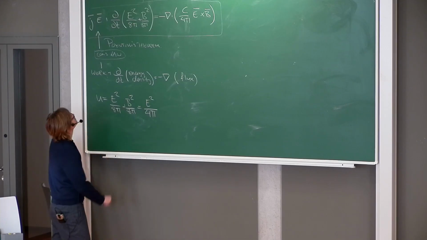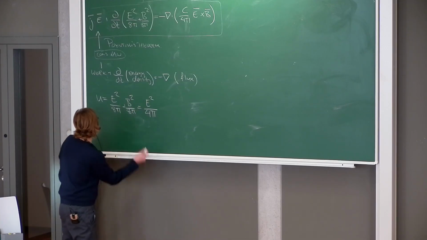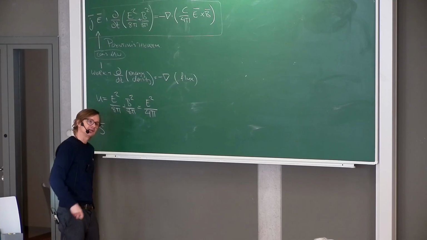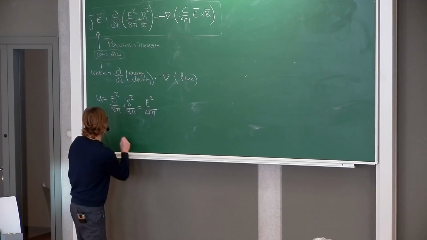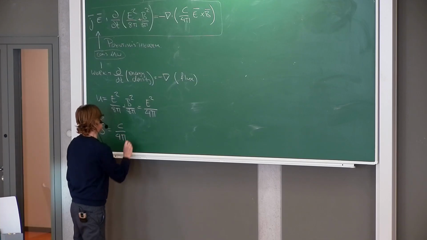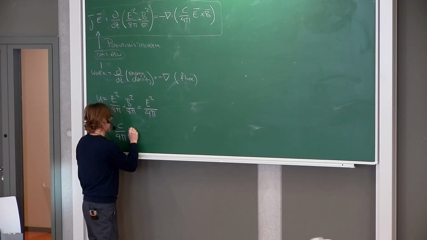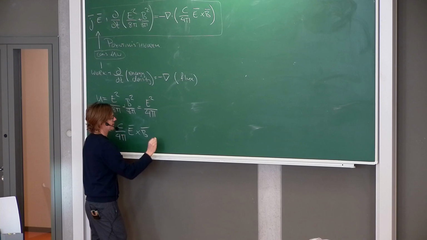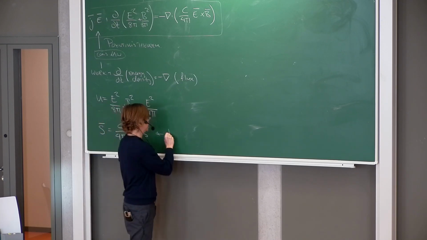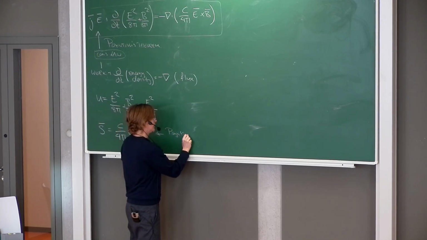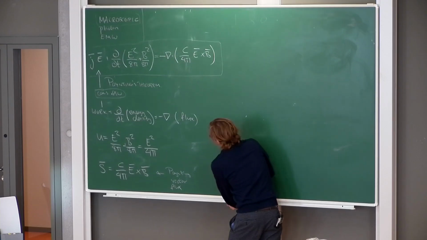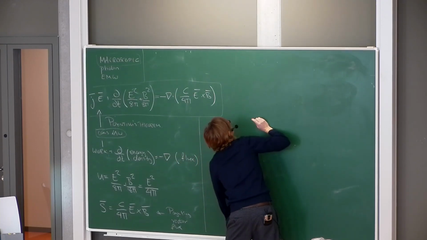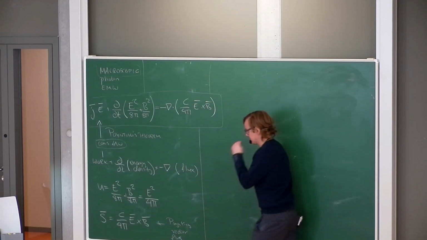Now, in this case, we can identify the flux, which I will again write as S, because it's normally denoted here instead of F. So that's c times 4 pi, and then it's just E cross B. And this is typically called then the Poynting vector, or the Poynting vector flux. Okay? All right. Well, we can look at the sanity check here, right?